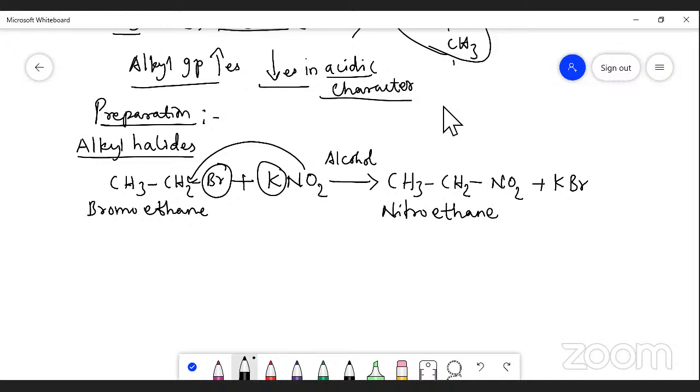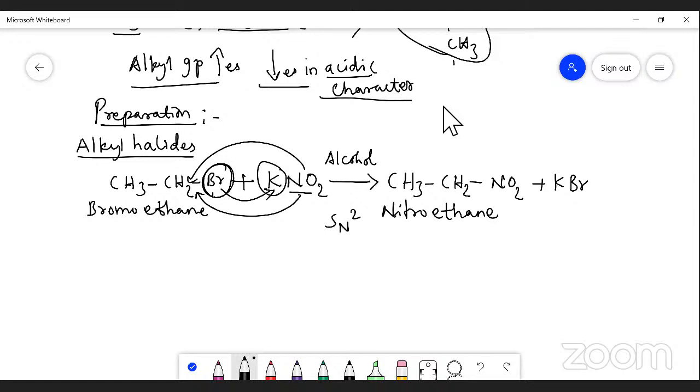So we get the product nitroethane, and this reaction follows the SN2 mechanism. You know what the SN2 mechanism is? It is bimolecular nucleophilic substitution. This reaction takes place in a single step. Here, the nucleophile NO2 is added to the CH2 group. In the same way, Br, the leaving group, leaves from its side and combines with K. That's why this is an SN2 mechanism.